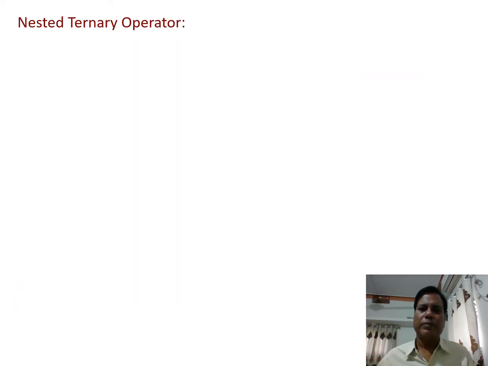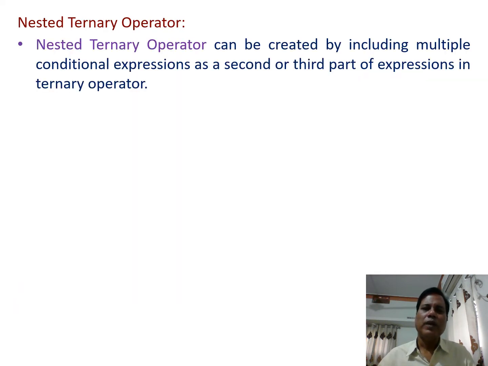Nested ternary operator. A nested ternary operator can be created by including multiple conditional expressions as the second or third part of the expression in a ternary operator, like the nested if else statement.